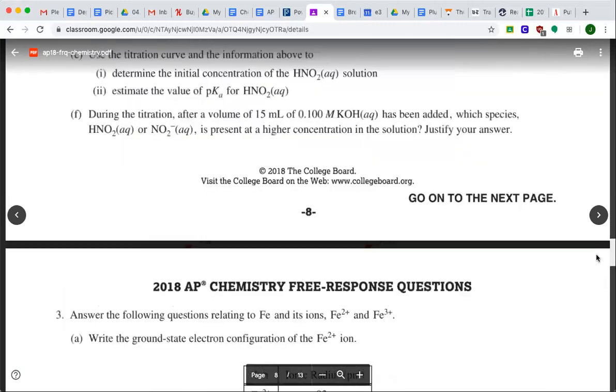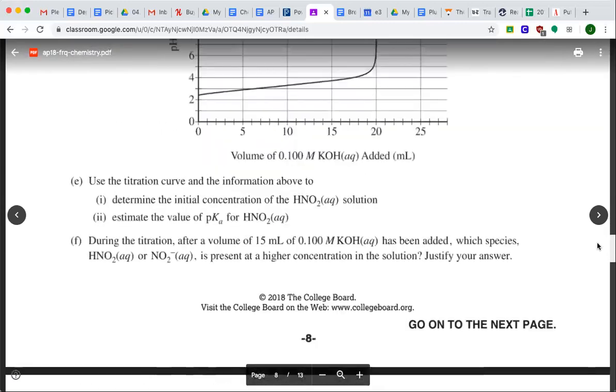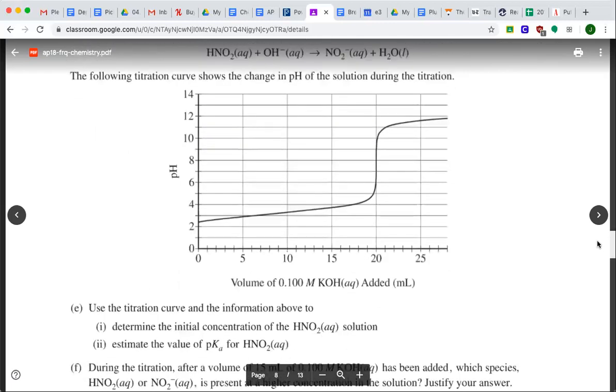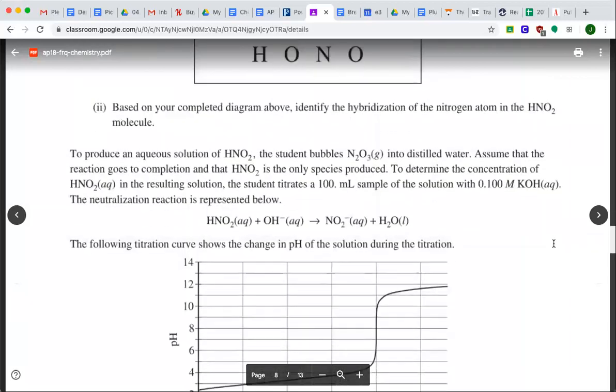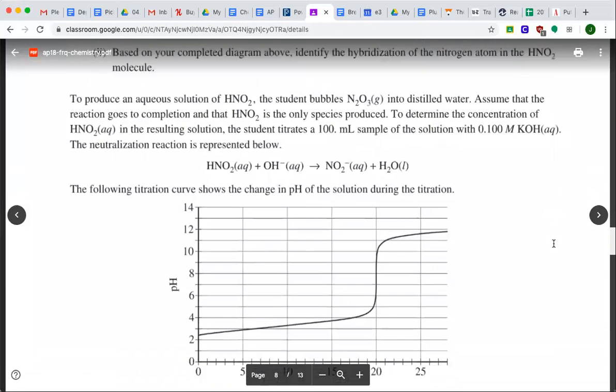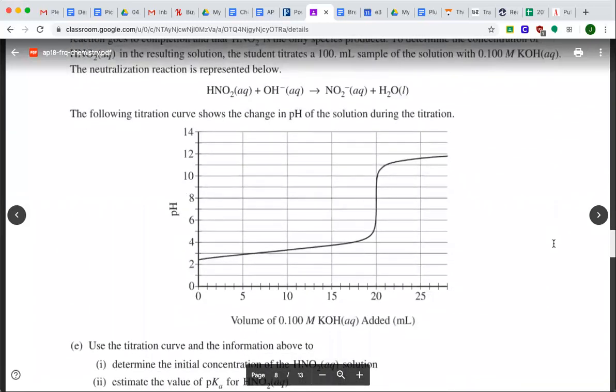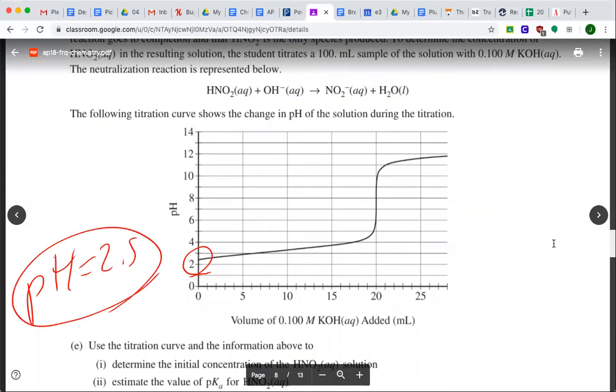So I think we already went through it the other way with the Henderson-Hasselbalch actually. So using our graph, here's what we can do. We can say that the initial pH, let's see if they give us a starting pH. They don't give us a starting pH number. Okay, so we'll estimate that starting pH at 2.5. So we'll call that pH equals 2.5, right?